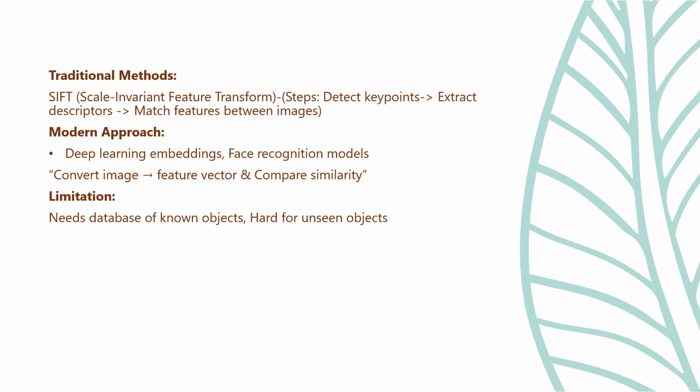Instead of comparing raw images, the model converts each image into a feature vector. These vectors are then compared using similarity measures. Face recognition systems are one of the best examples of this approach. Even if a person's face appears under different lighting conditions or from different angles, the system generates similar feature vectors and correctly identifies the individual.